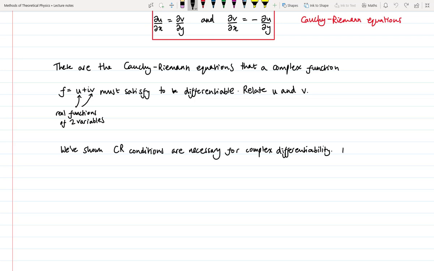And it turns out that together with the condition of continuous partial derivatives, so together with continuity of partial derivatives, these conditions are also sufficient.